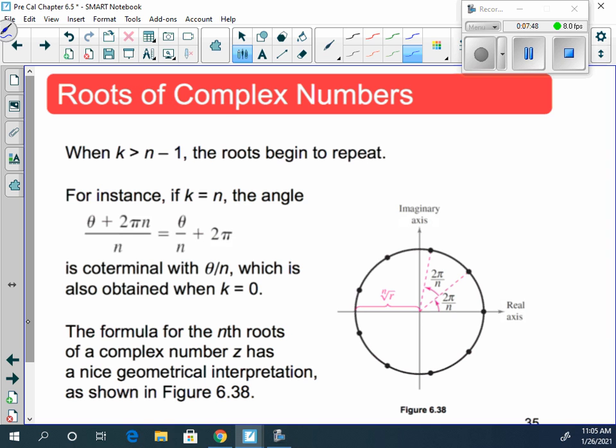Okay. The formula for the nth root of a complex number z has the nice geometrical interpretation as shown. They're using a very mathematical version of the word nice. Because nice, I think, for y'all is not this picture here. The average person's version of nice would be a whole number.